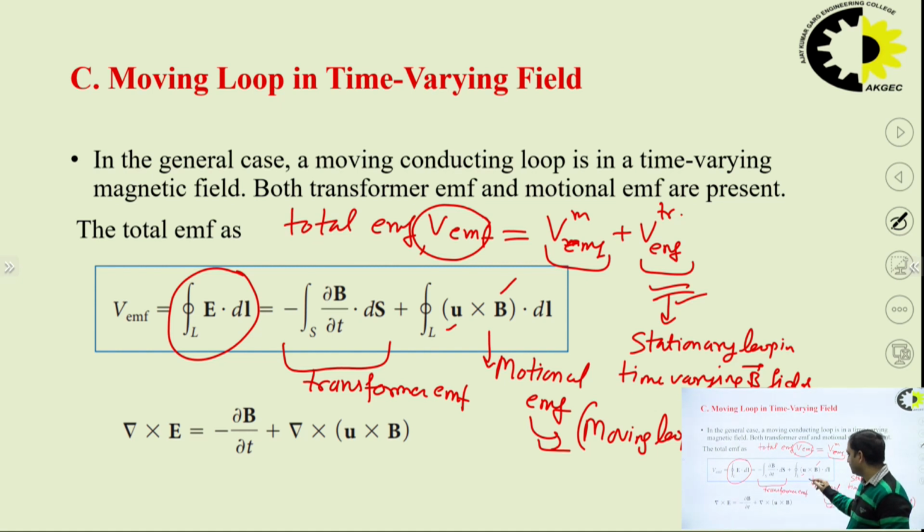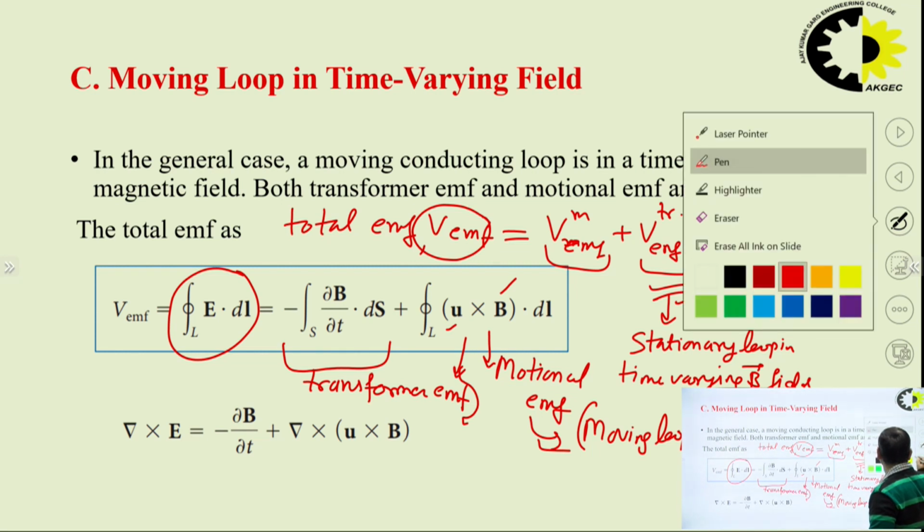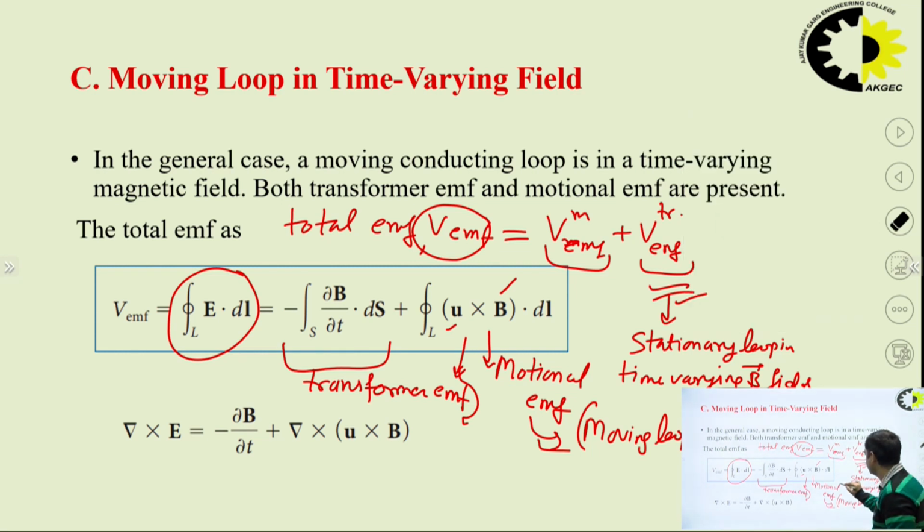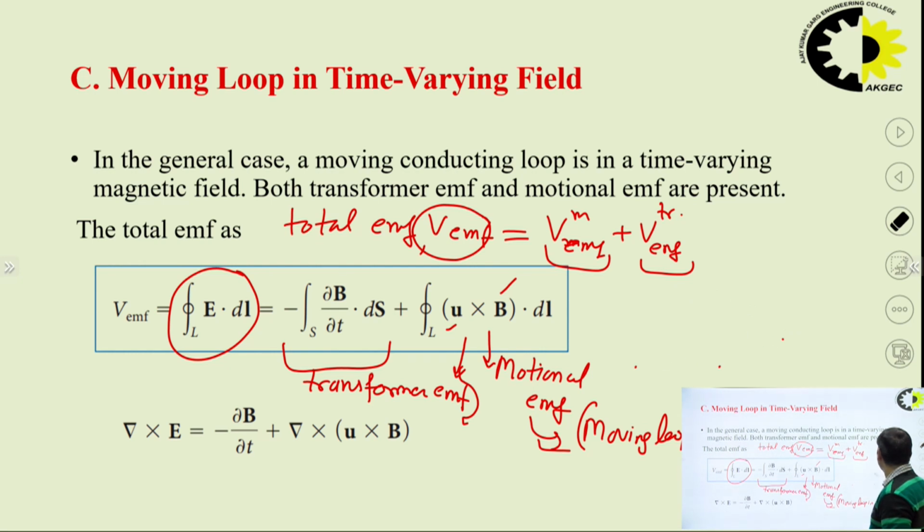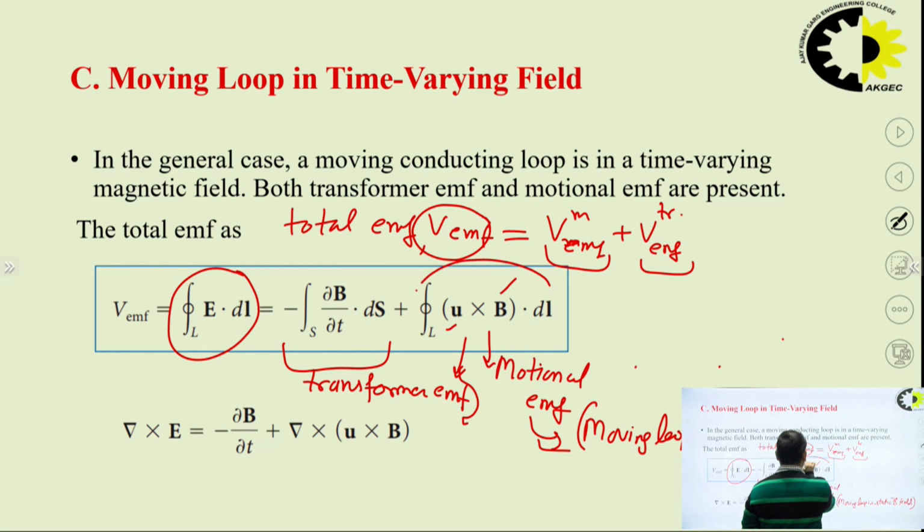So what we can do is apply the Stokes theorem for this case, u cross B dot dl. So let's come to the Stokes theorem, so that we can define what the Stokes theorem is for this case. Okay, let's write it so that things will be clear to all of you. I am writing for this case only.